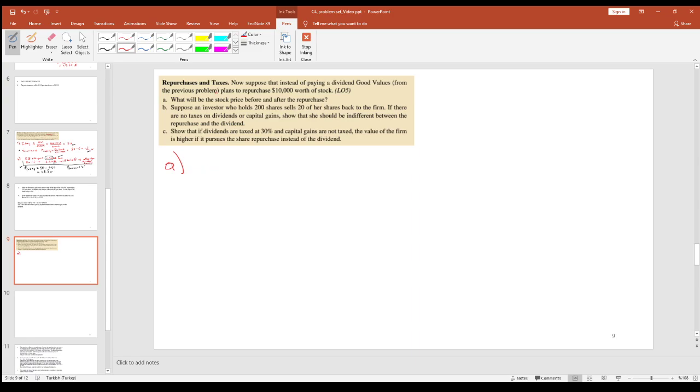First of all, here the repurchase, that's the general rule in the US, will have no tax implication.